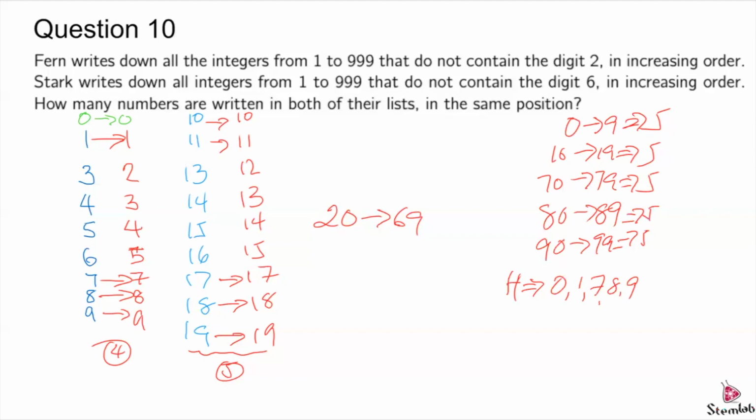So we have 25 times 5 patterns that will work, meaning that they're in the same position. But as I said, I added this extra case to help with the symmetry. So I have to subtract 1. So the total number of numbers that are in both lists and in the same position is 124.